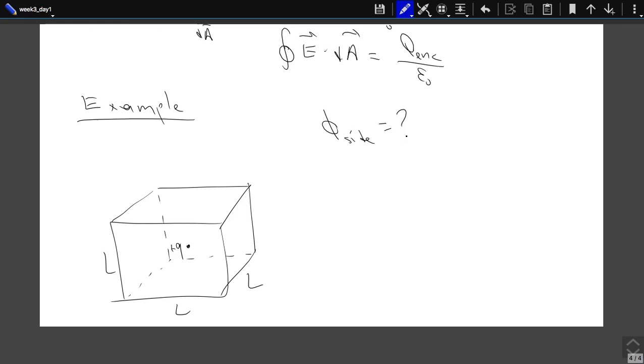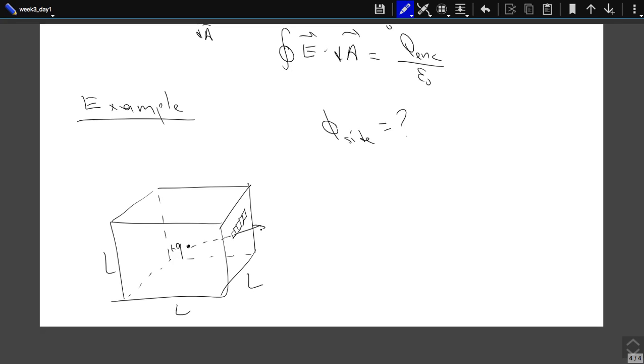You see, the problem over here, what you should do is the same, basically. You divide, let's say, this side into very small area patches. We know what the electric field is at each one of the patches because we know the position of each. The electric field of a point charge will be radial.